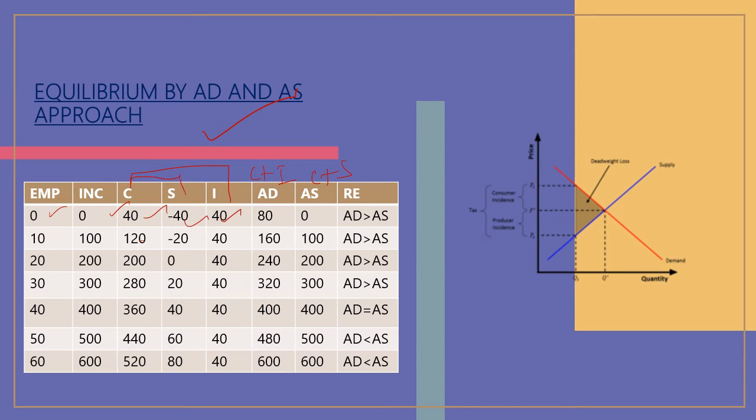You have to add both, which is 0. So aggregate demand is greater than aggregate supply. So this is not equilibrium. Similarly, if you compare, here is where the equilibrium is. So AD is equal to AS: where aggregate demand and aggregate supply are equal, that is called equilibrium. Okay, this schedule is just so that you can understand. Okay.